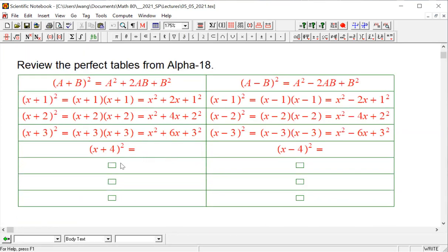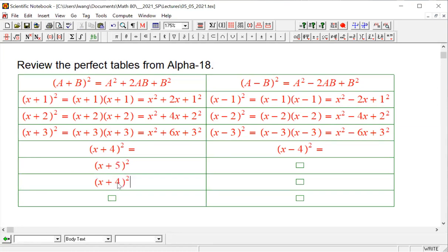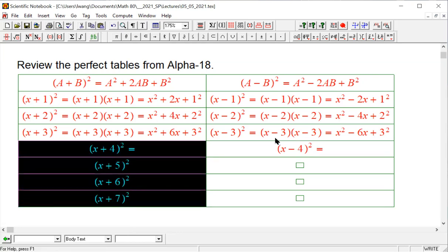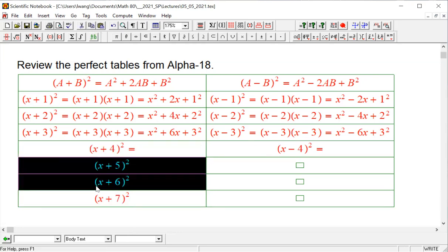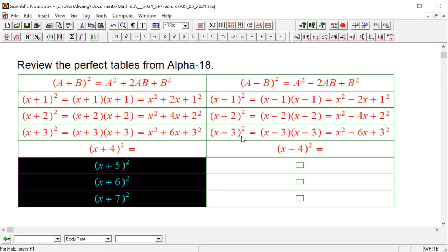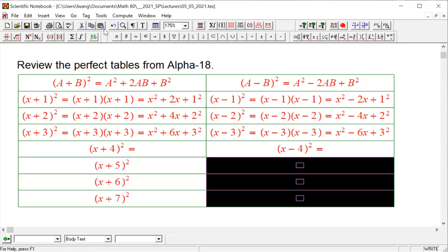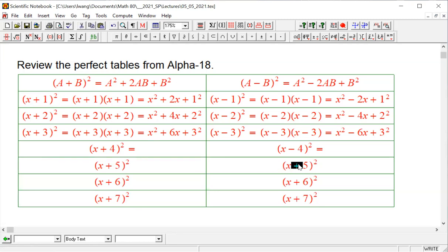So I want you to do x plus 4 squared, and you continue on this table until x plus 5, 6, 7, etc. And for the other side, you're going to work out all these other tables this weekend. You have another quiz regarding these. What number to add to make that perfect square?